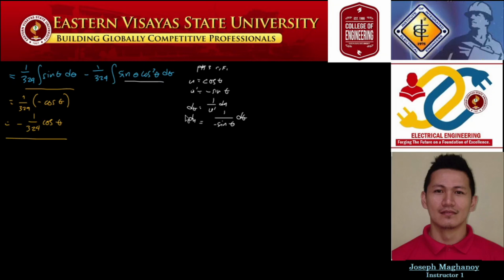So we apply our correction factor here. So that is d theta. Okay? So minus 1 over 324 integral of sine theta. We replace our cosine with our u. That is u, copy the power, and apply our correction factor 1 over negative sine theta d theta.